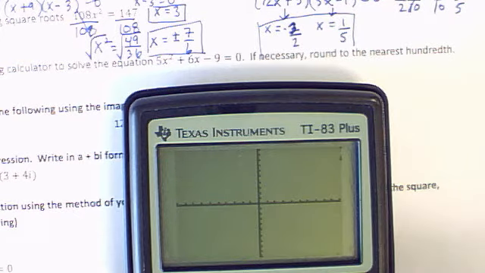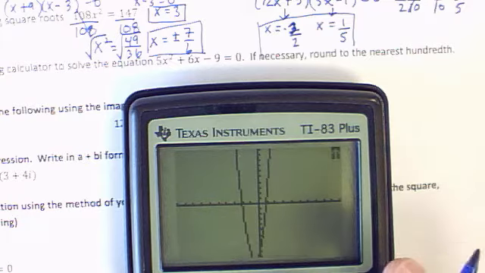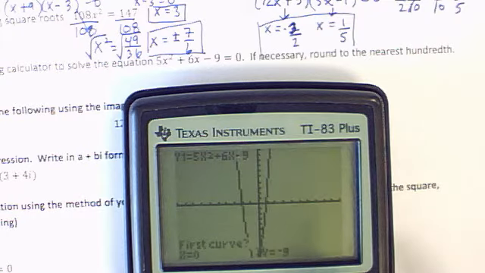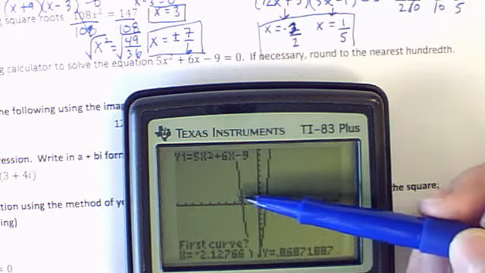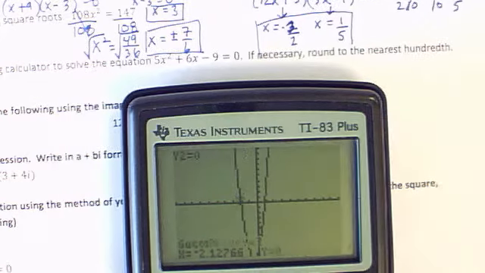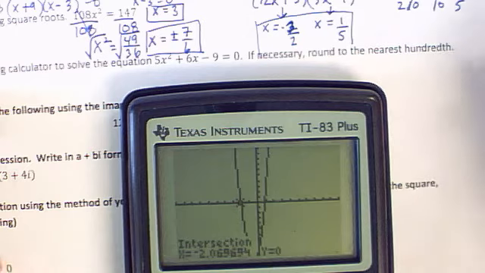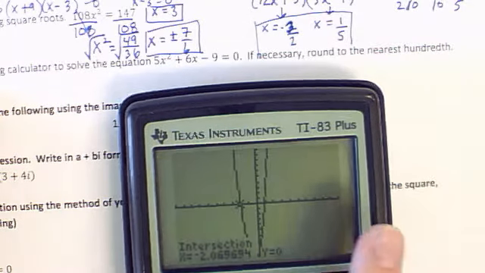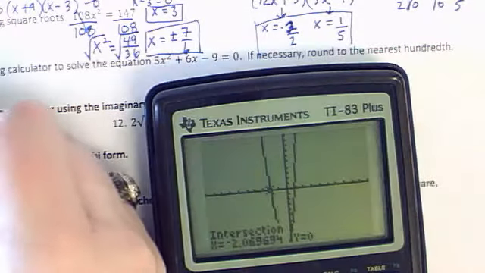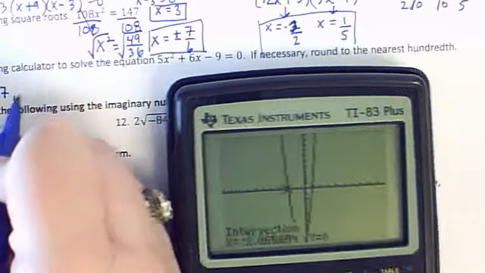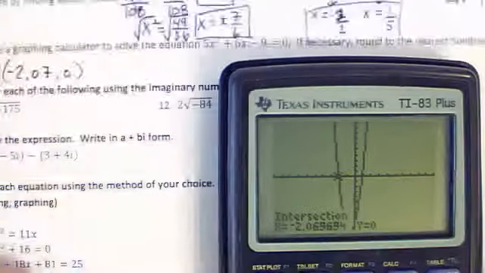So now I can find their intersection points by doing second trace 5, and I'm going to move this cursor to where it's around that first 0. Hit enter until it tells you intersection, and it says round to the nearest hundredth. So this one would be negative 2.07, 0.